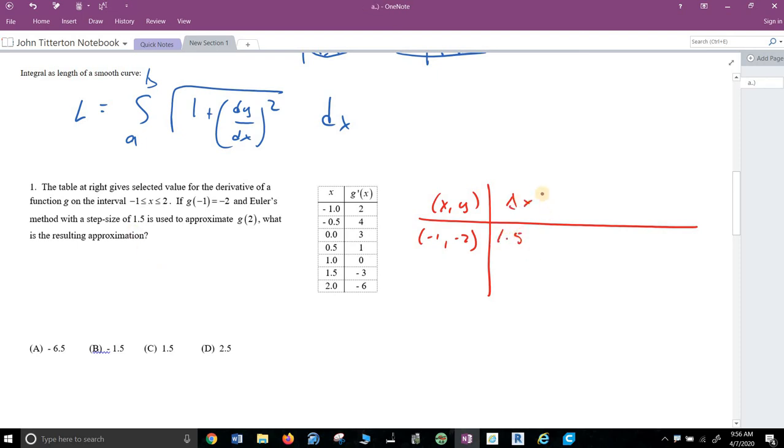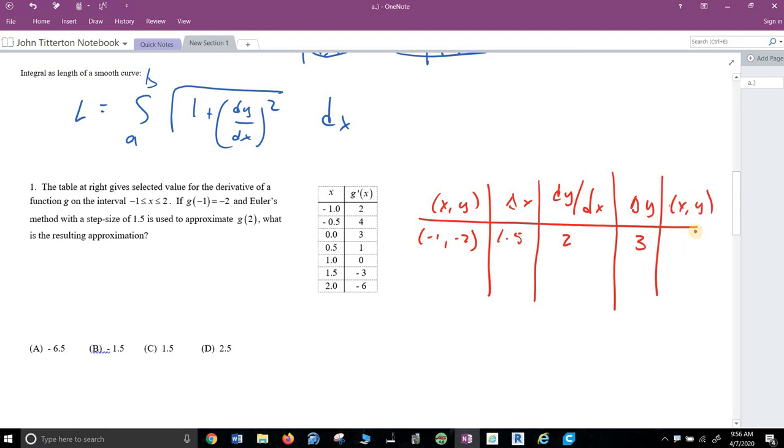They really can't do anything bigger than that because you can only take 2 steps, otherwise you're working on this problem forever. What is dy/dx at -1? The derivative is 2. Multiply these, you get 3, and that's going to be our delta y.